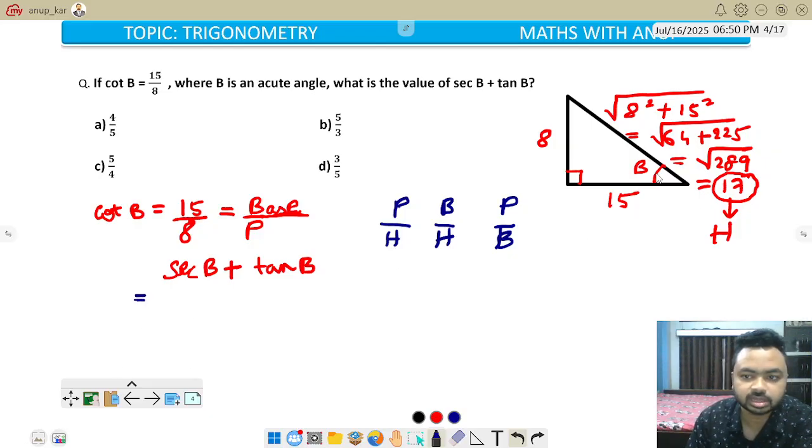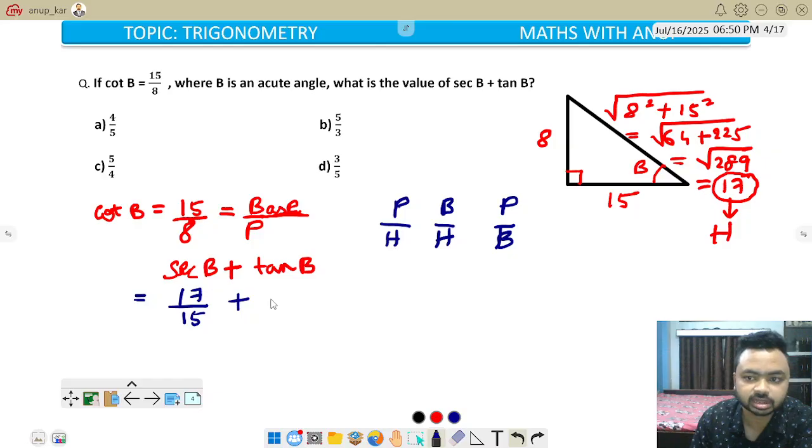So what is my H? H is my hypotenuse, 17. So this is 17 by base. Base is 15, right? This is my base, and the tan ratio is perpendicular upon base. So perpendicular is 8 and base is 15.